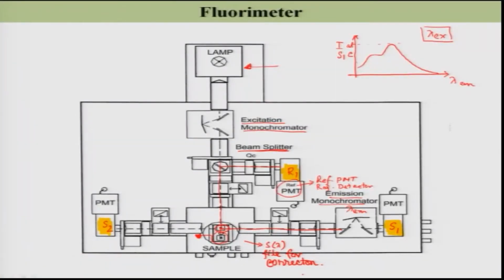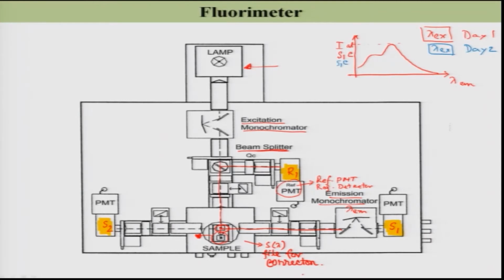This is day 1. Next day you come and you start measuring it, you use the same lambda excitation, day 2, same lambda excitation, same S1C by R1 you are plotting versus lambda emission.